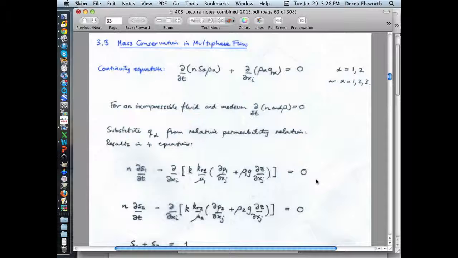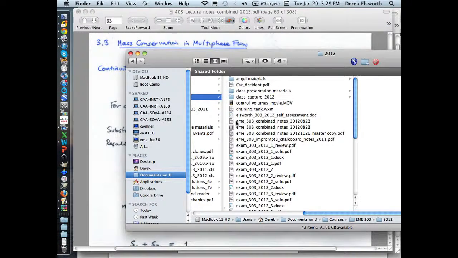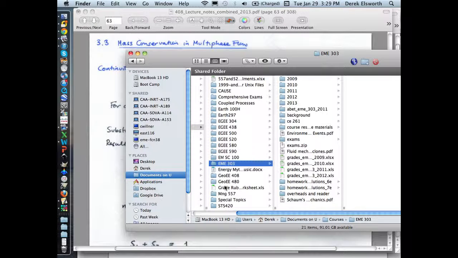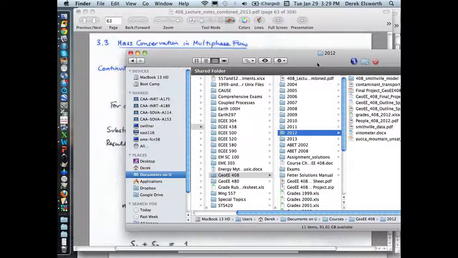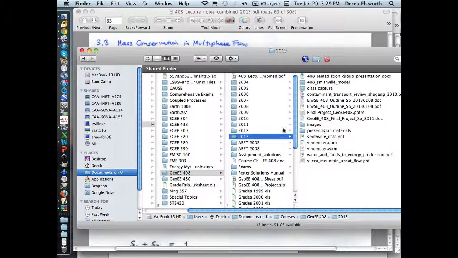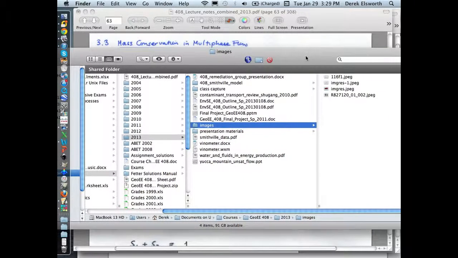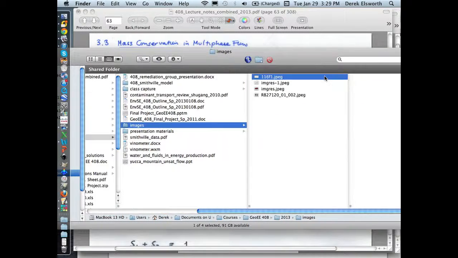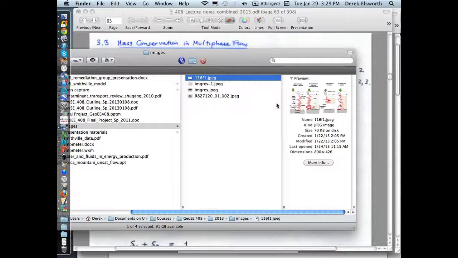But if we wanted to look at a system where, for instance, we have different saturations at different locations in different places, and I'm looking at what I have for this class. I thought I had some images that I had, and so if I put, yeah, okay, so this.